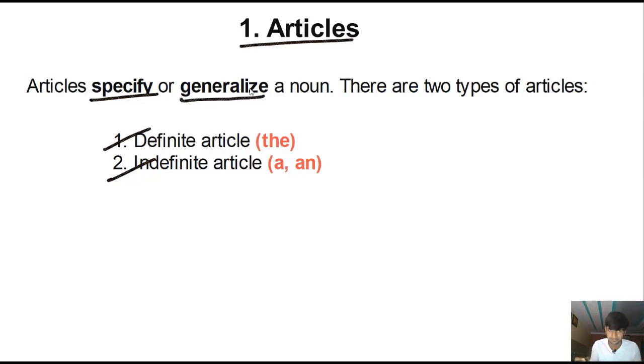They make it common, they don't make it specific. All right, so based on what they do, we divide them into 2 categories: definite article, because there is just one definite article, which is the, and indefinite articles, which are a and an.